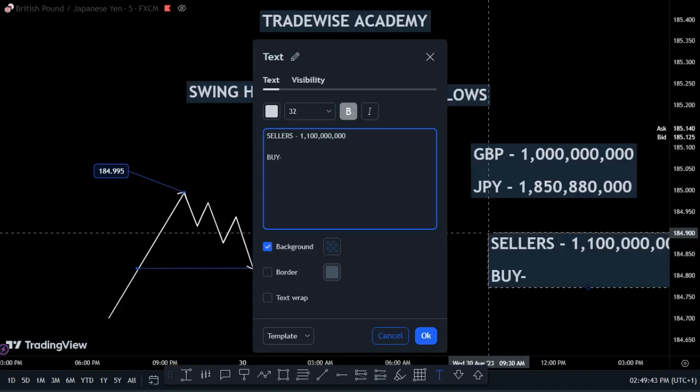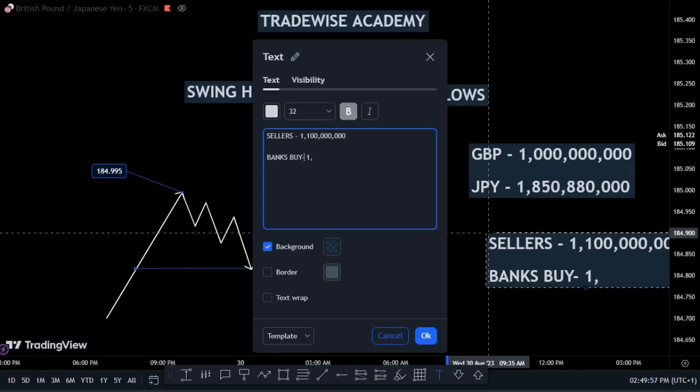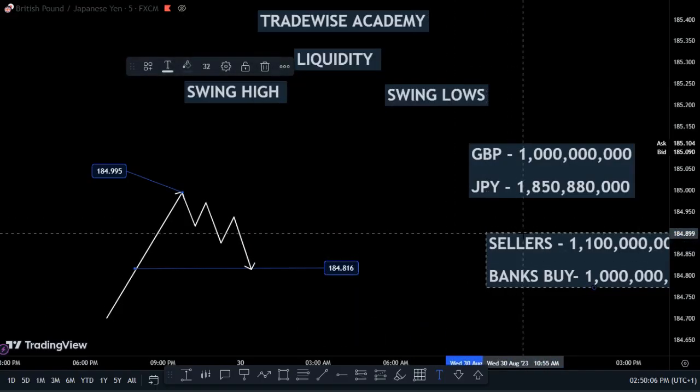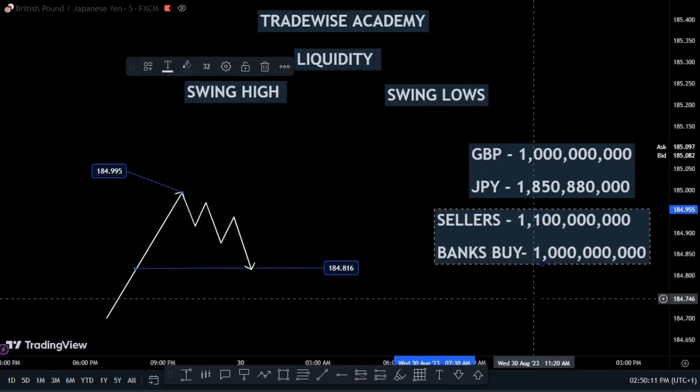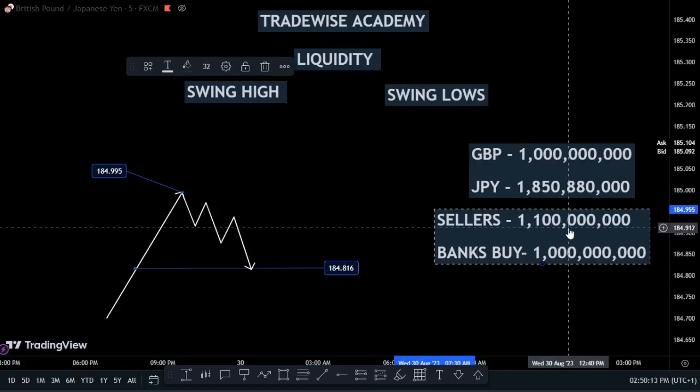The bank just needs 1 billion, right? So the banks, let's put in the banks here, would buy 1 billion off of what is available, and then you start asking, if the sellers were able to create 1.1 billion, what happens to the remaining 100 million?